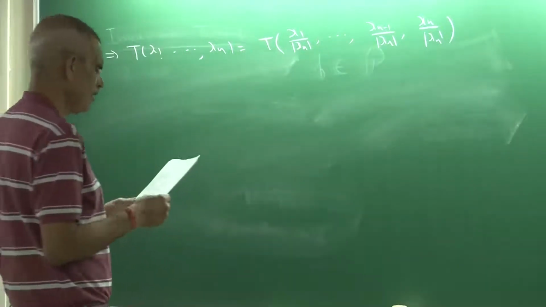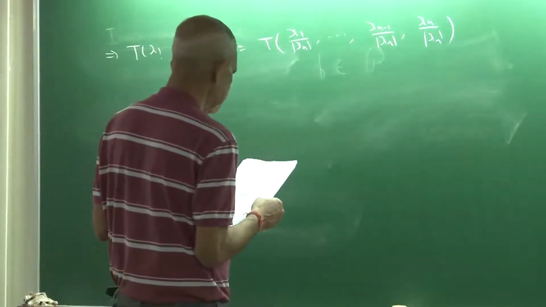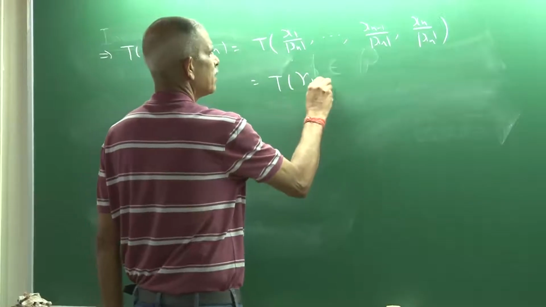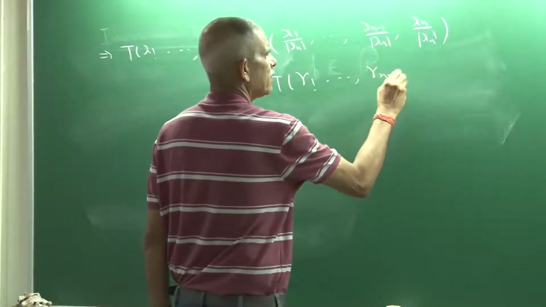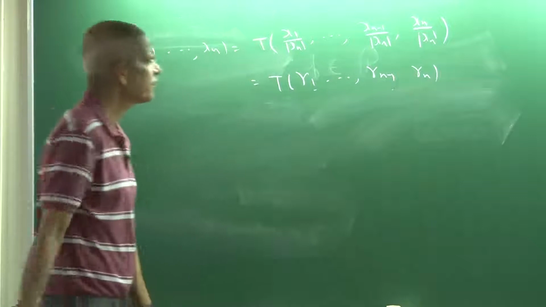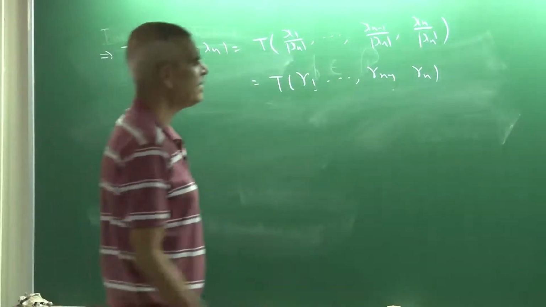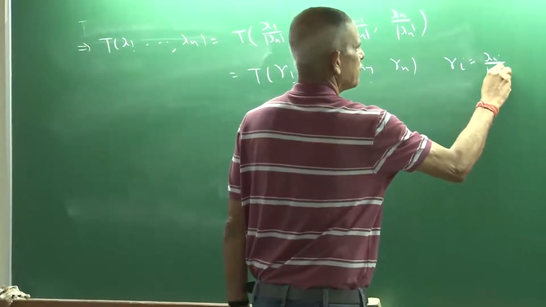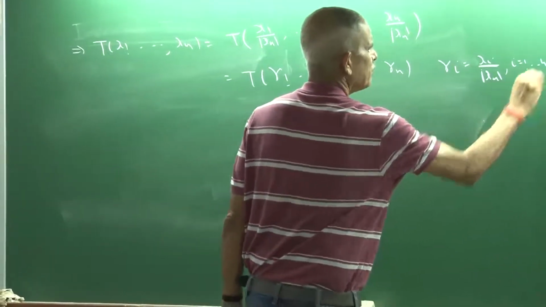So let me call those quantities T of R1, ..., Rn minus 1, and Rn, where Ri is nothing but xi upon mod of xn, i equal to 1 to n.